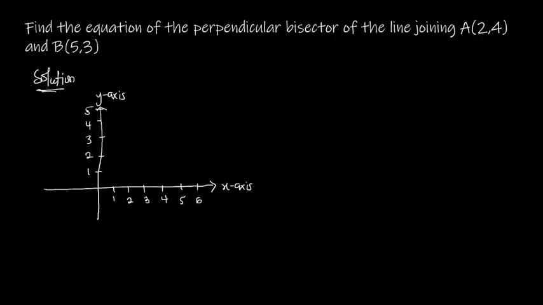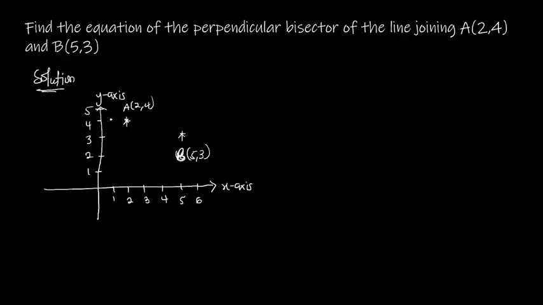My first point is A (2, 4), so my x is 2 and my y is 4, so it's somewhere here. My second point is B (5, 3), so I have 5 and 3, that is going to meet somewhere here. So this is B, which is (5, 3).